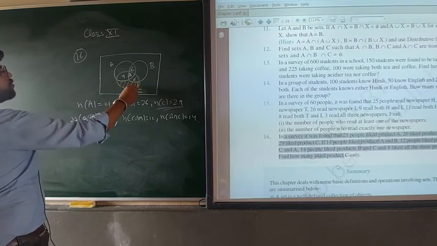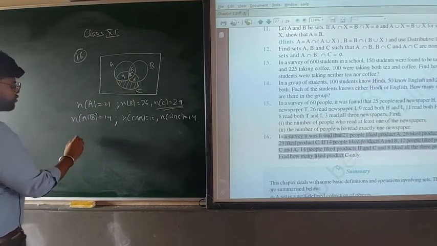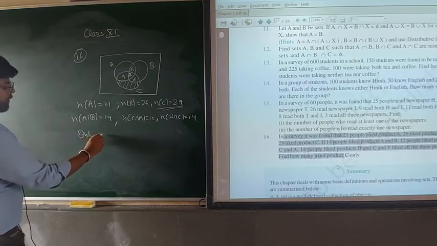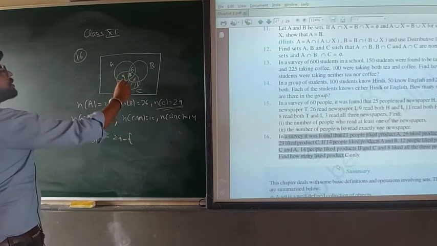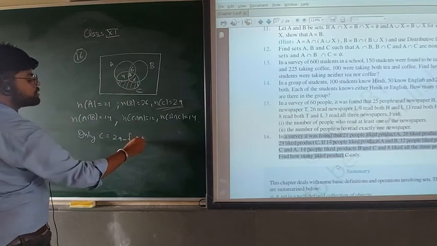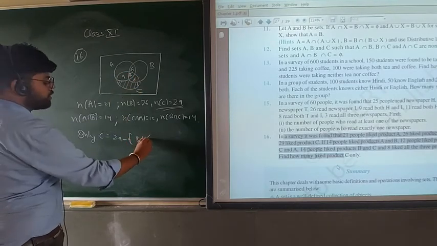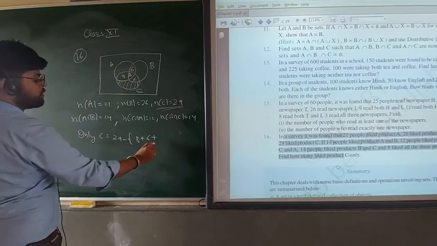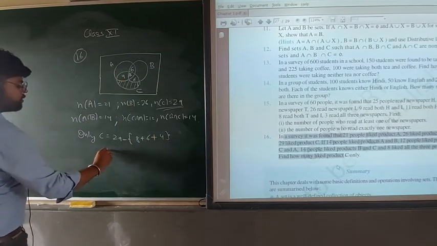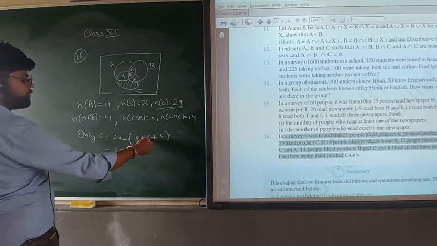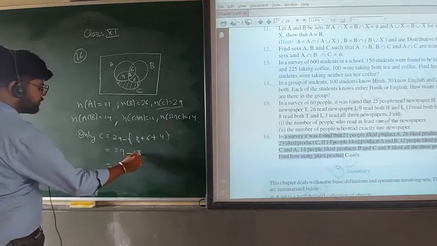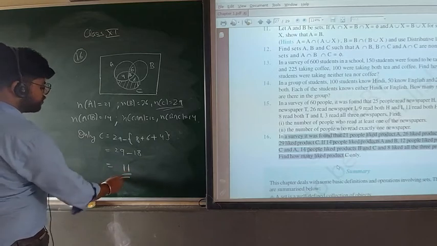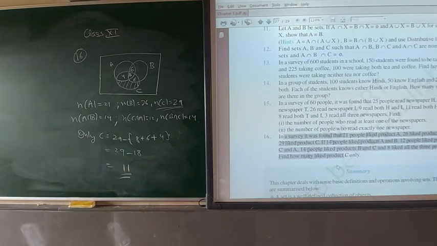Only C. So only C will be 29 minus all these things: the common part of all, plus the common part of B and C, plus the common part of A and C. If I subtract all, then 29 minus 8 plus 6 plus 4, which is 18. 29 minus 18 is 11. So 11 are there in C only.